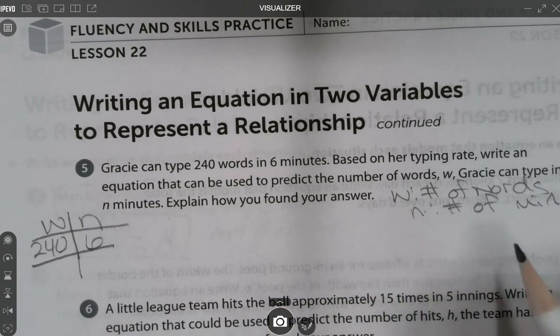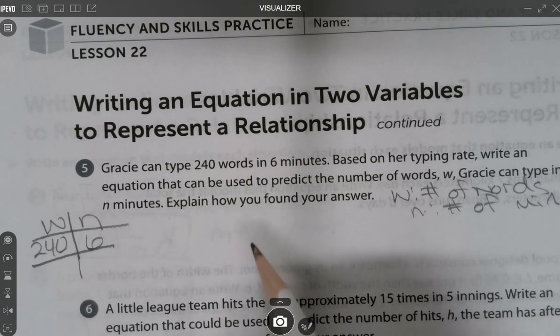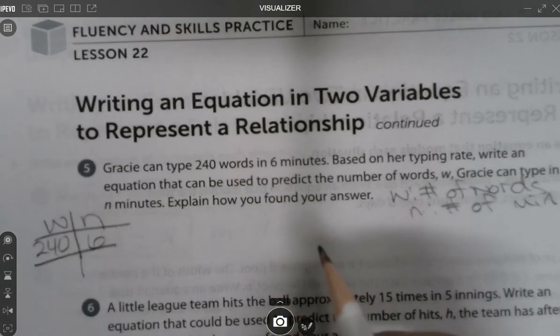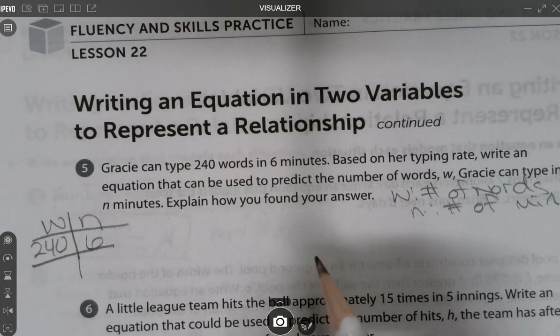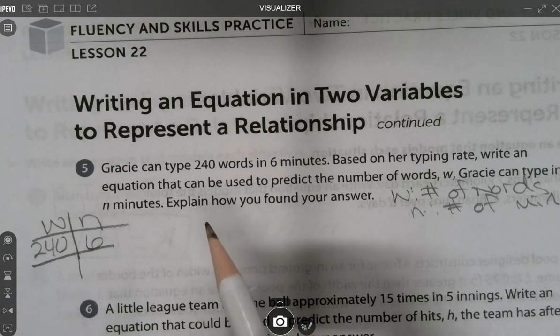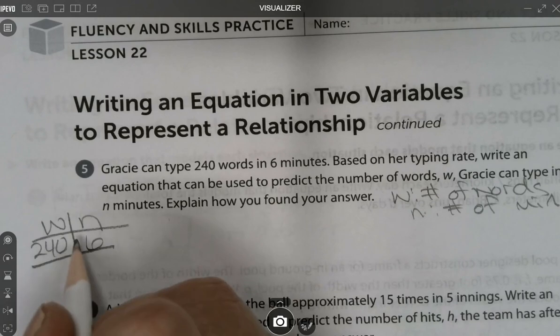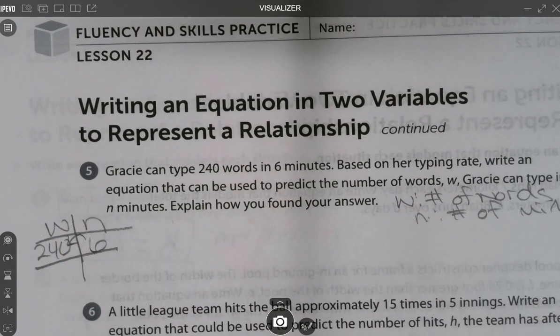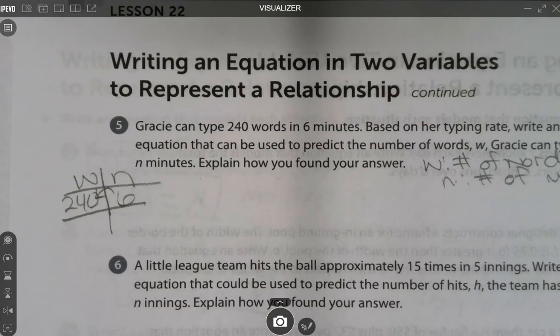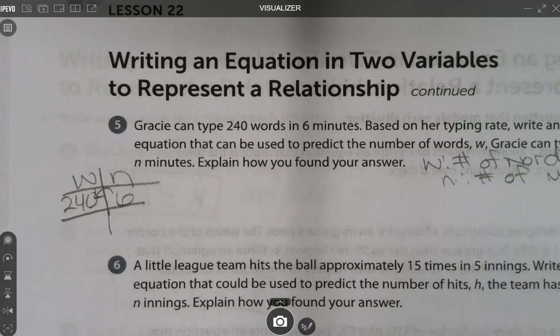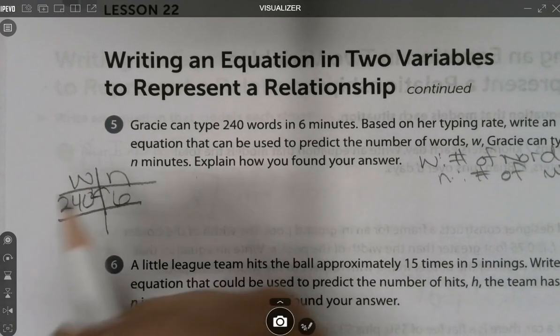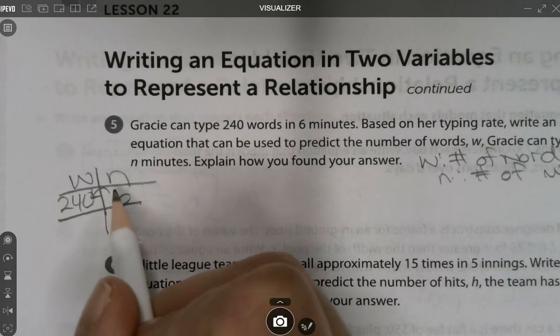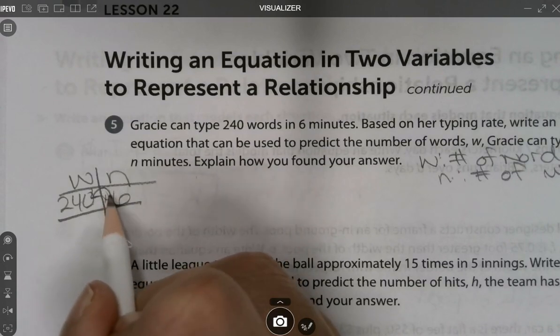How did I get from 6 to 240? What did I multiply 6 by to get 240? If I don't know that factor, I can divide it. And I would realize that I am multiplying it by 40.